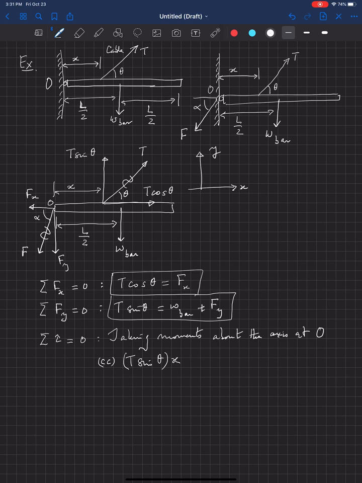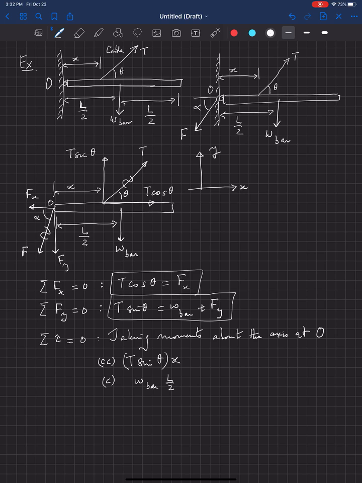And of course T cosine theta also goes through the axis. Okay, so now let's write down the clockwise. The only clockwise torque, if I pull on the weight W bar, this bar is going to rotate clockwise, and so that is W bar times L over 2.